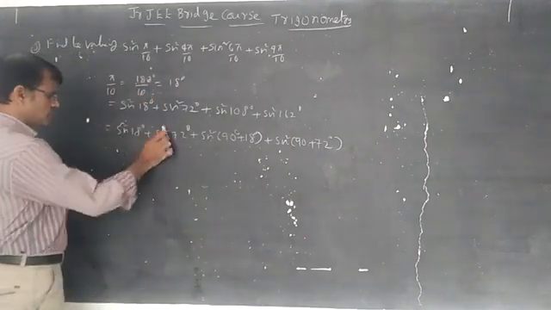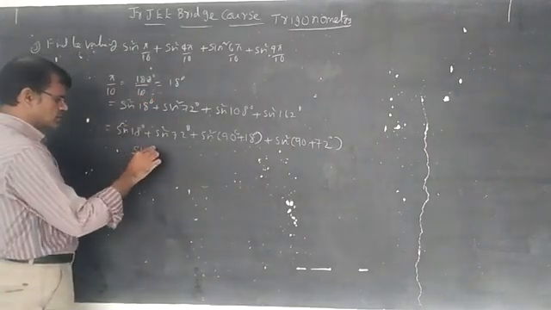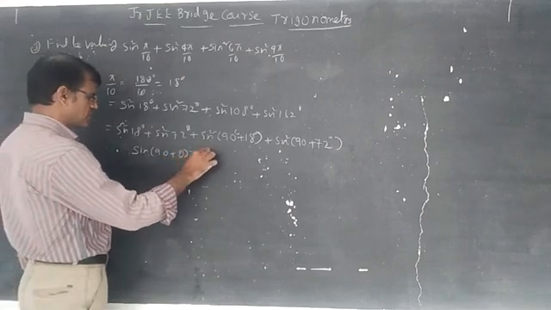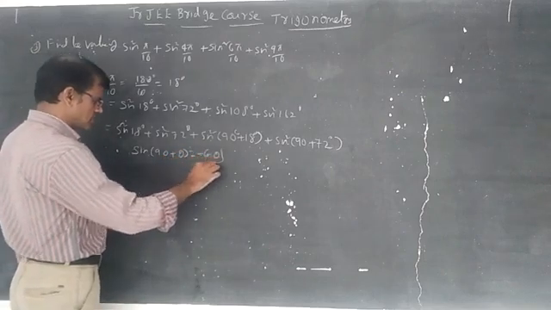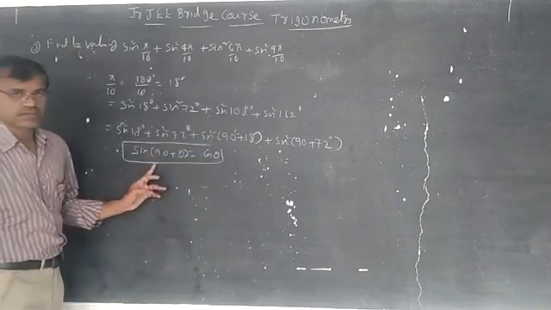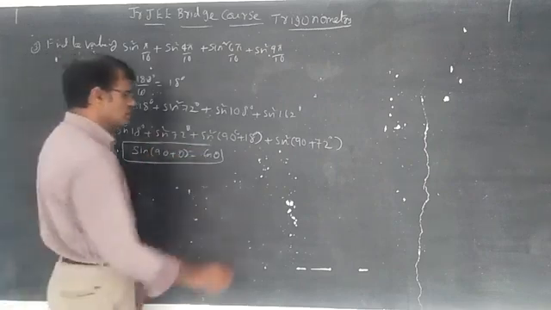Now remember the value: sin of 90 plus theta becomes cos theta.